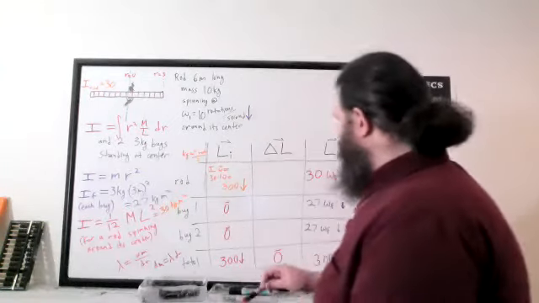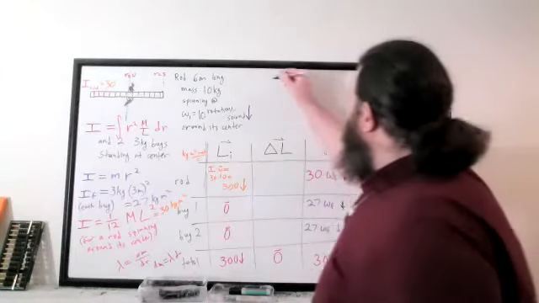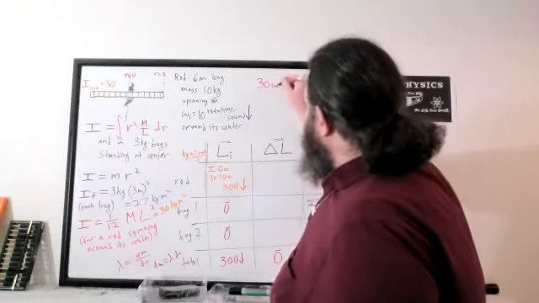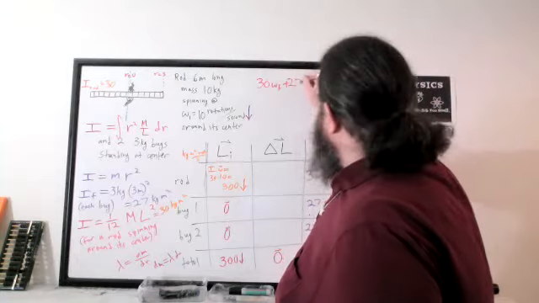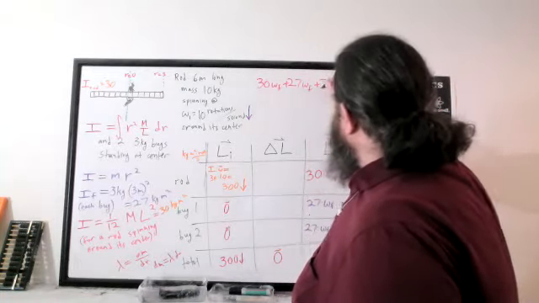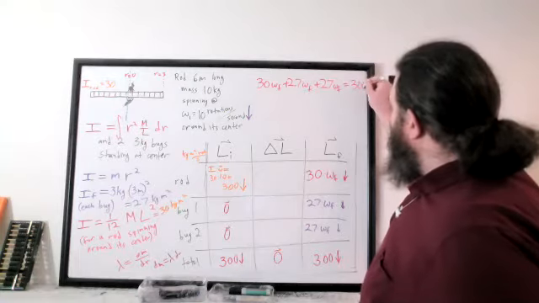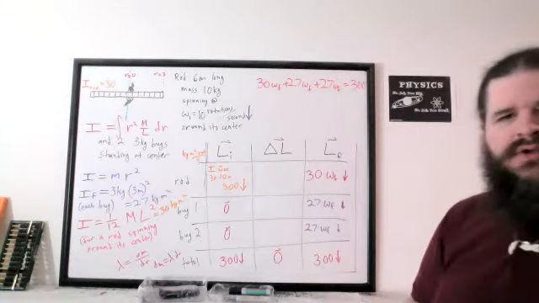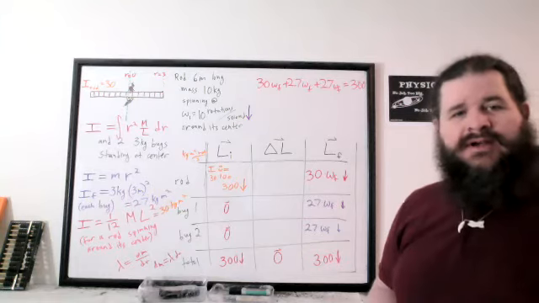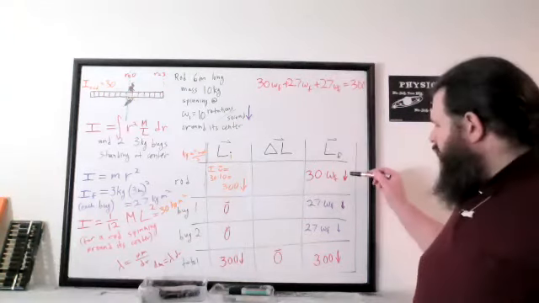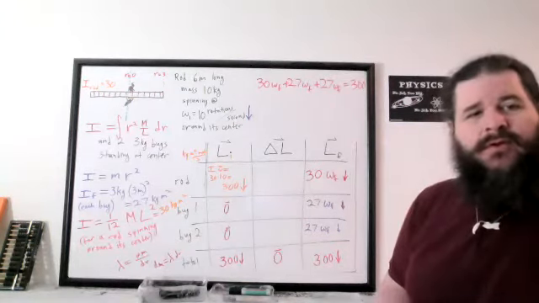We can now say confidently that 30 omega final plus 27 omega final plus another 27 omega final has to equal 300. And we could call that negative 300 if we wanted to treat it as a y component, but we know these are all going to be downwards anyway, so let's just focus on magnitude.